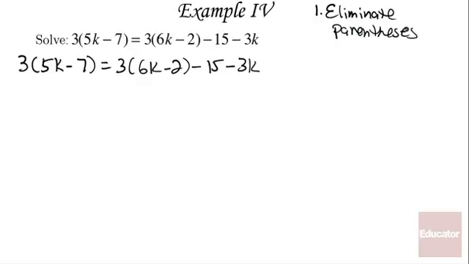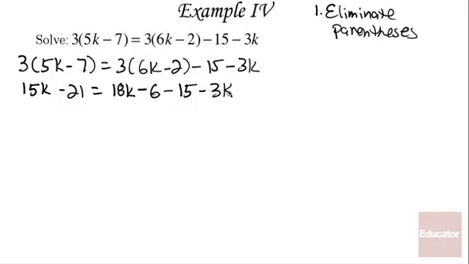And recall, again, we're going to use the distributive property in order to remove the parentheses from the equation. 3 times 5k is 15k, minus 21, equals 3 times 6k is 18k. 3 times negative 2 is negative 6, minus 15, minus 3k.